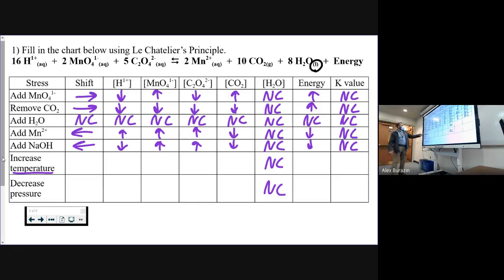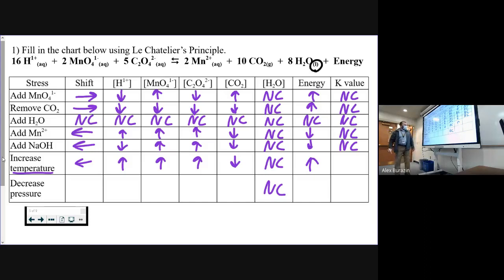I don't know. But we increase temp, meaning we have increased the energy in our system. And therefore, we are going to have to shift which direction? To the left. As a result, the reactants are increasing, the other product is decreasing, and K does change.